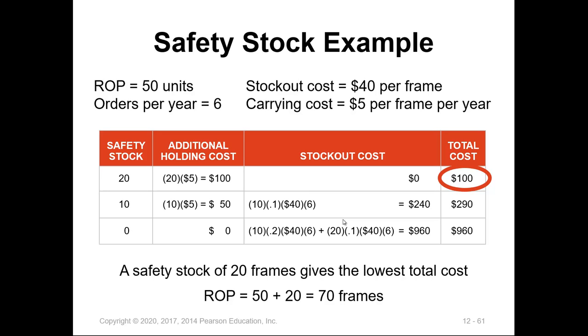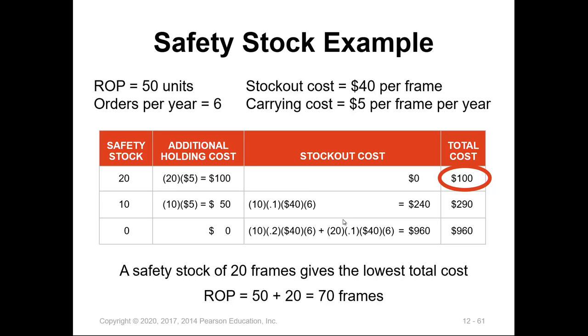So 480 plus 480 for the 70 demand gives us $960. That will be the total cost if I have zero safety stock. So it's costing us a total of $960.